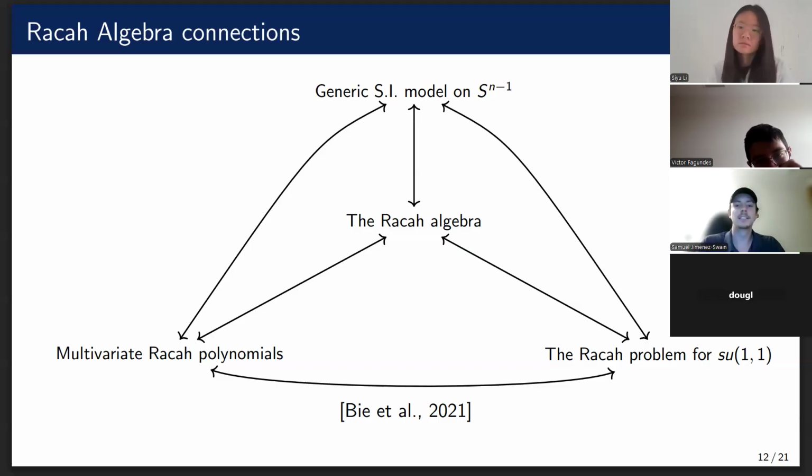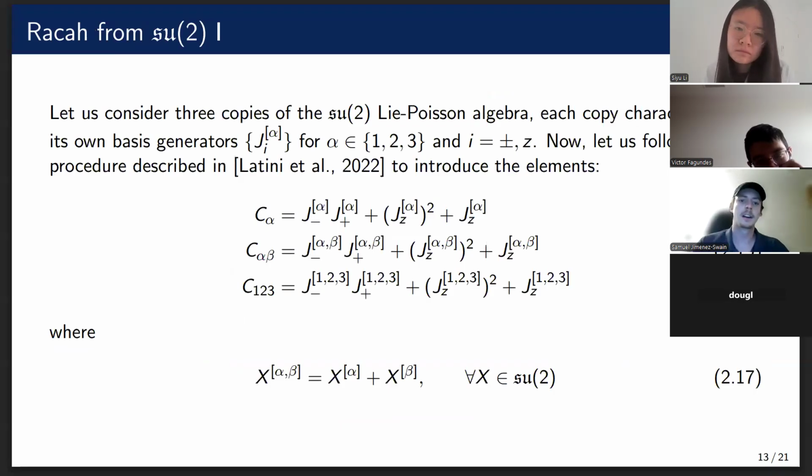Now, to make this more concrete, let's have a look at an example of where the Racah algebra arises. If we consider 3 copies of the SU(2) Lie-Poisson algebra with generators J_i^α, then following the procedure laid out by Latini in one of his papers, we can construct these integrals of single-site, 2-site, and 3-site Casimir operators, where α in these equations just represents what site that operator is acting on.